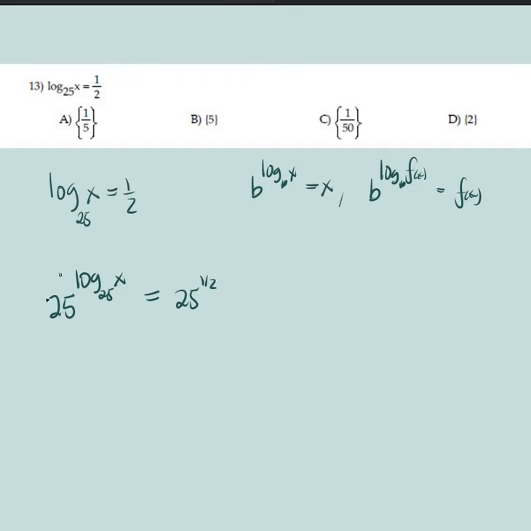And now we know this one here. If you apply this rule, b to the log base b of x is equal to x, then 25 to the log base 25 of x is going to be equal to x. And x is equal to 25 to the 1/2, which is the same as the square root of 25, which is 5. So x is equal to 5.